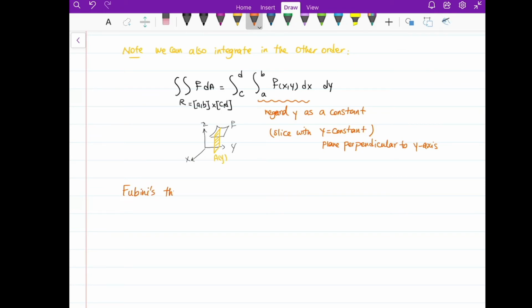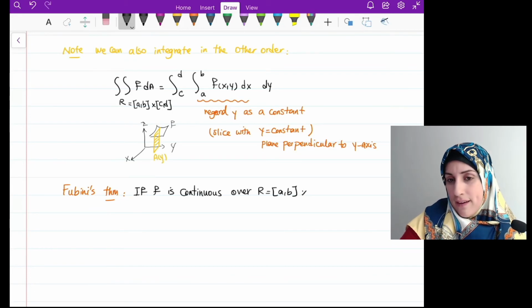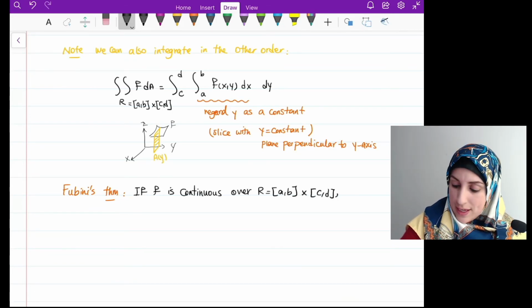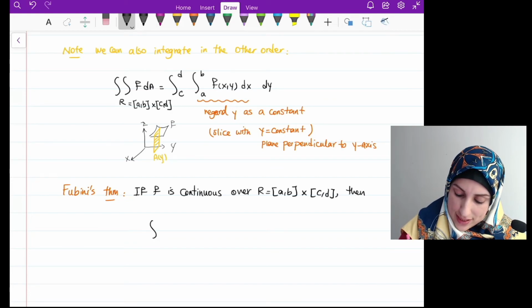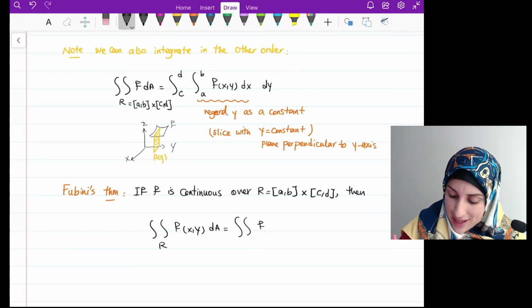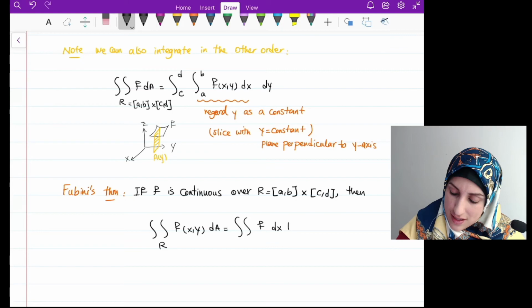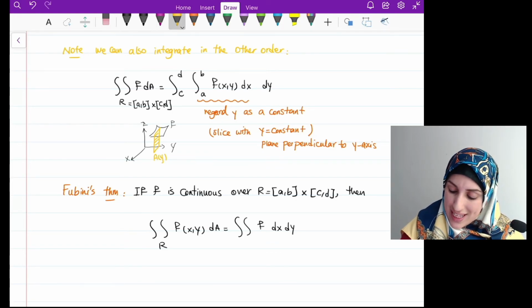Fubini's theorem says that if f is continuous over the region R, which is [a,b] cross [c,d], then the double integral of f of x and y dA over R, you can write this as the integral of f dx dy, which means that x is first.